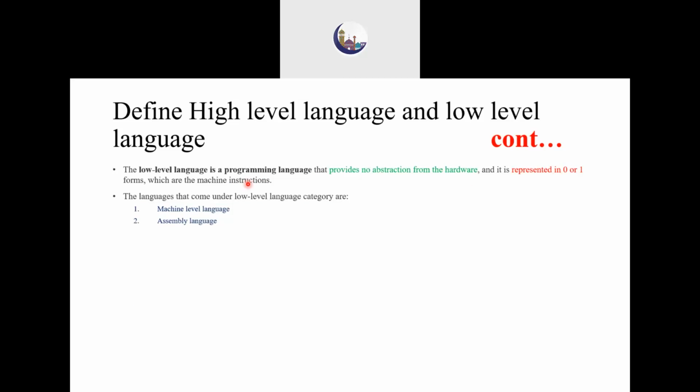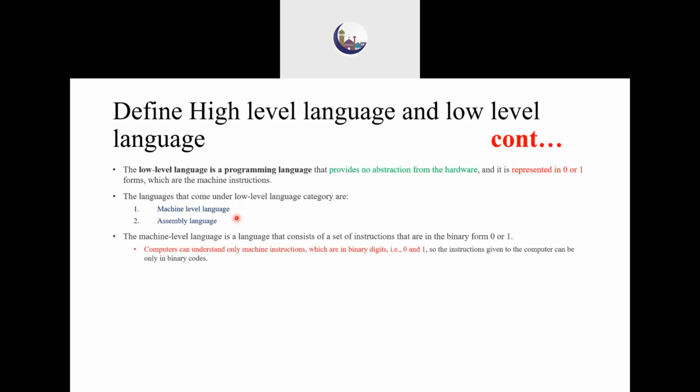Basically, the low level languages are classified into two: machine level and assembly level. Machine level will contain only and only zeros and ones. The syntax, the keywords, and everything is built up of zeros and ones.